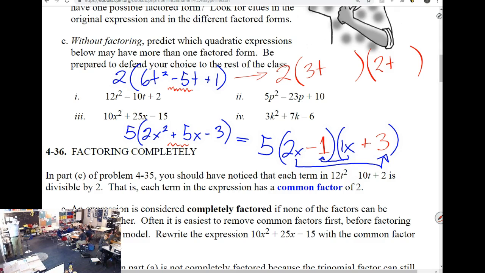Negative 5 is not that dramatic. It's not that big of a number, right? Even though it's negative, we're just talking about how far away from 0. So if this was really big, I would probably think I'd have a 6 and a 1 for my coefficients. But because it's close to 0, I'm going to guess I probably have 3 and 2, that they're going to be similar to each other.